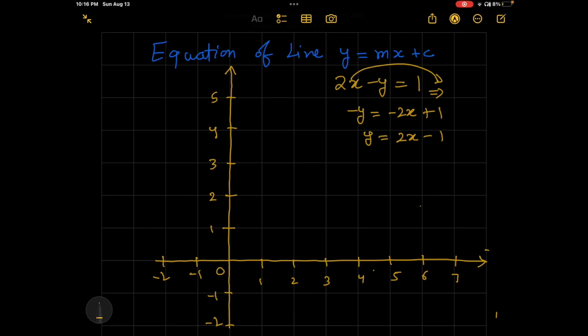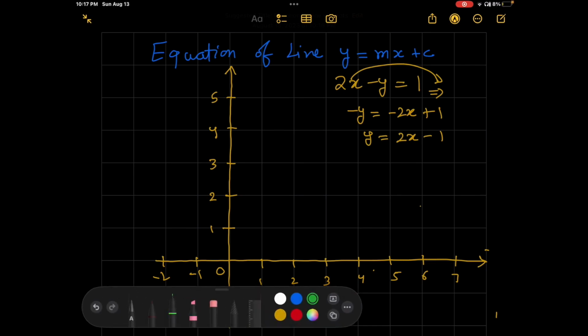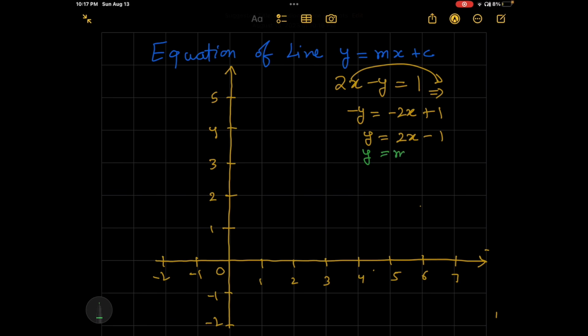How do we interpret it? Now, if we compare this with y is equal to mx plus c, it is in the y is equal to mx plus c format. Right next to it, we write y is equal to mx plus c, and we do a comparison. What is the coefficient of x? It is 2.